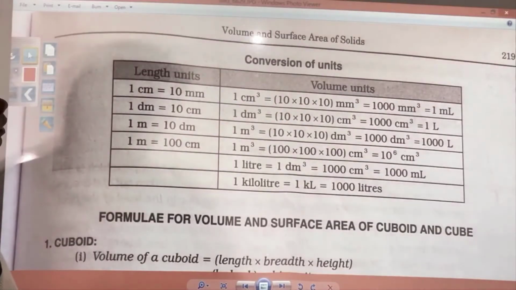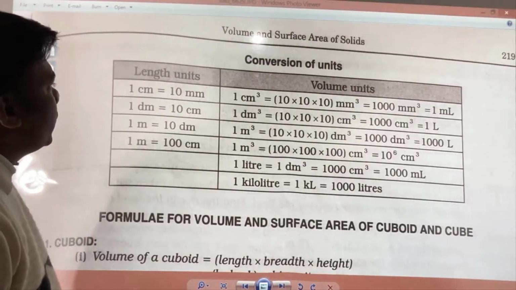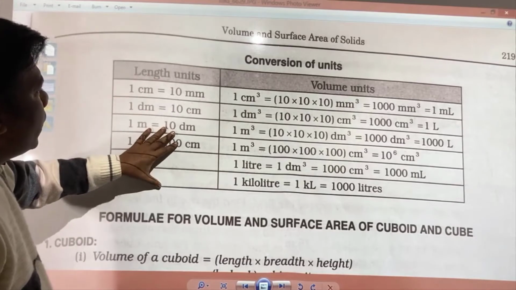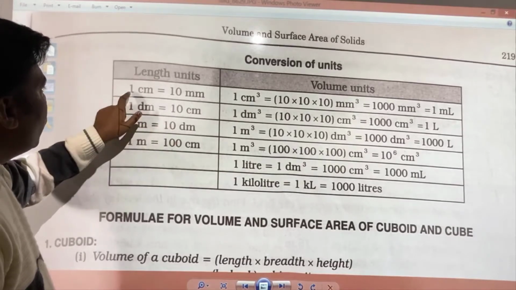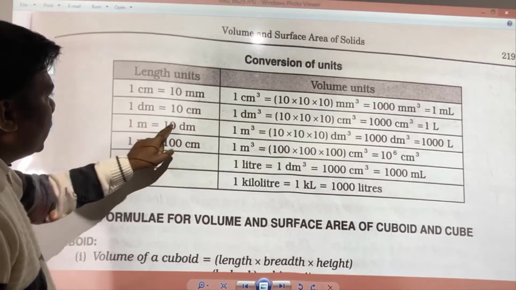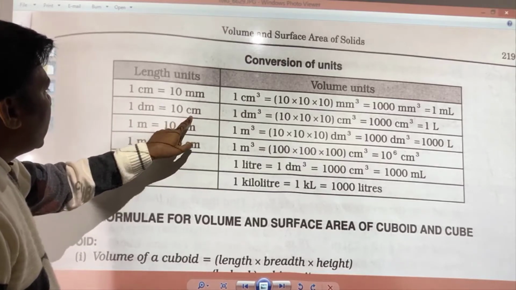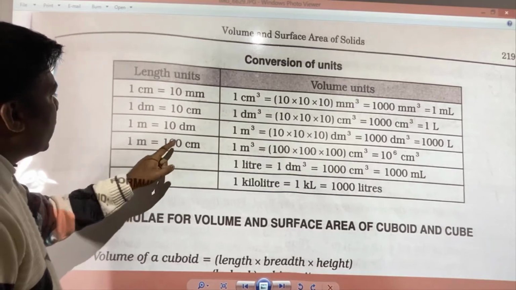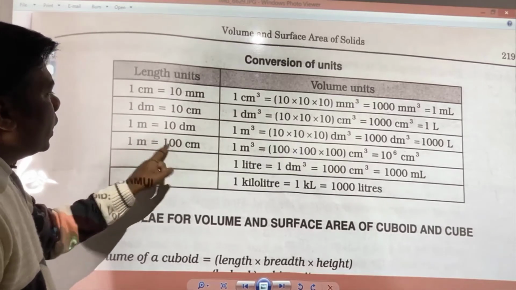Then we have conversion of units. Here already you have learned before, so I hope you will know this. 1 centimeter is equal to 10 millimeter. 1 decimeter is equal to 10 centimeter. 1 meter is equal to 10 decimeter, and 1 meter is equal to 100 centimeter.